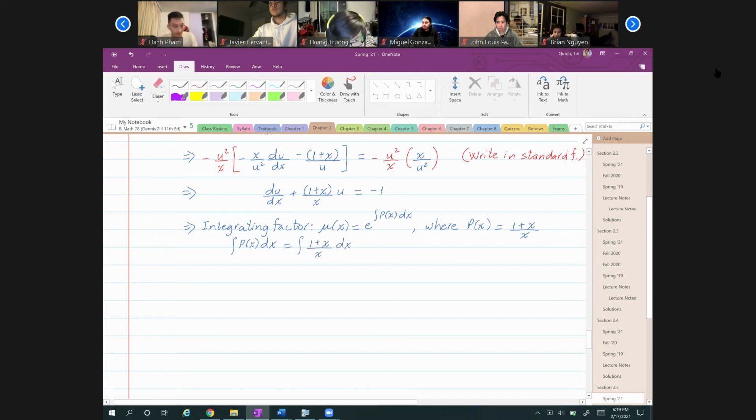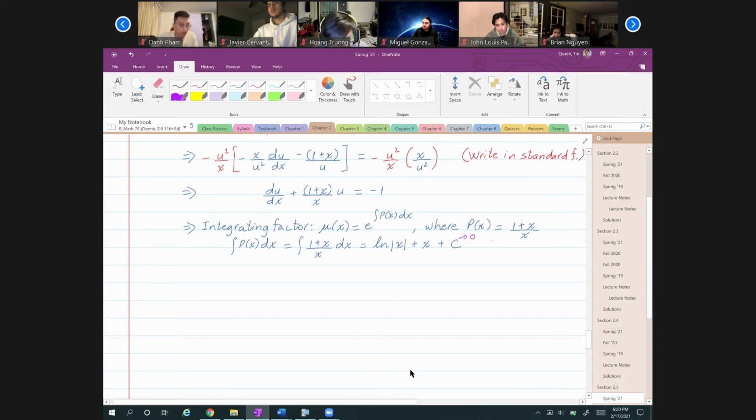So what you have is ln of the absolute value of x plus the integral of 1, which is x, and then plus a constant c. But since we want to find an integrating factor, we let the constant be 0.